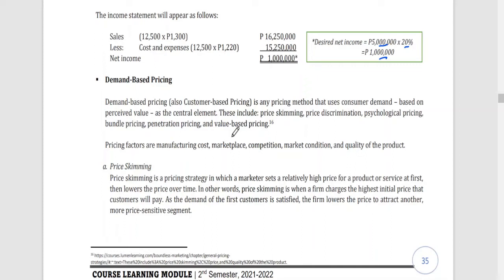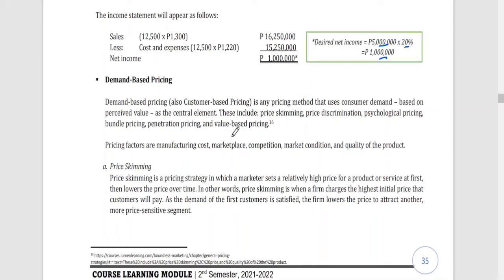So there are several types of pricing under the demand-based pricing. Pricing factors are manufacturing cost, marketplace competition, market condition, and the quality of the product.